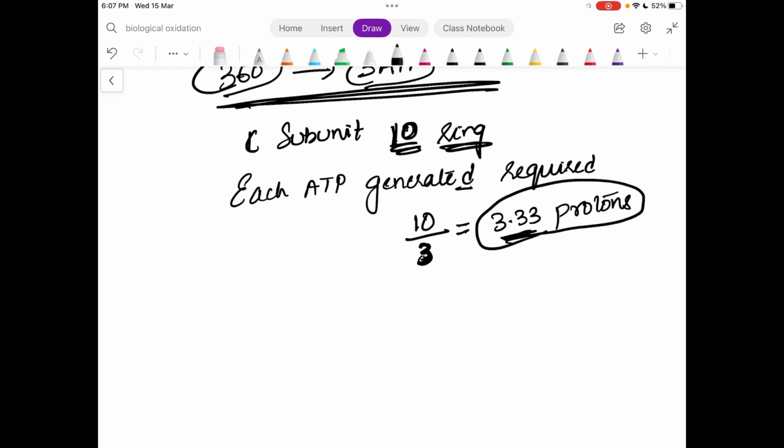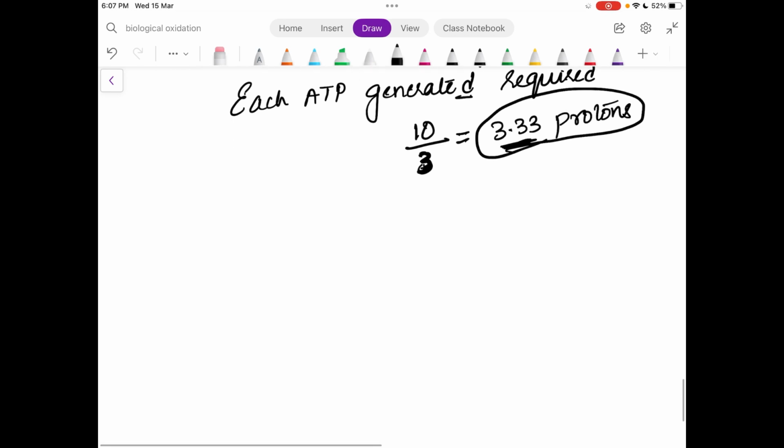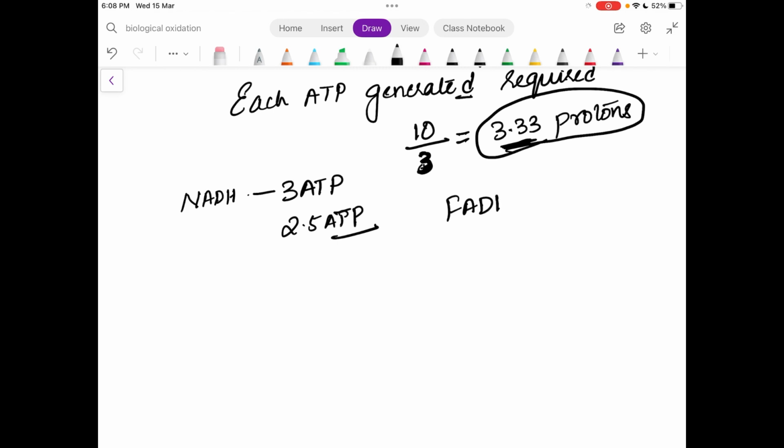The actual value will vary. Previously they said that NADH helps in synthesis of 3 ATPs, but now they are saying that 2.5 ATPs are synthesized from 1 NADH, and from FADH 1.5 ATPs are synthesized, previously it was 2.